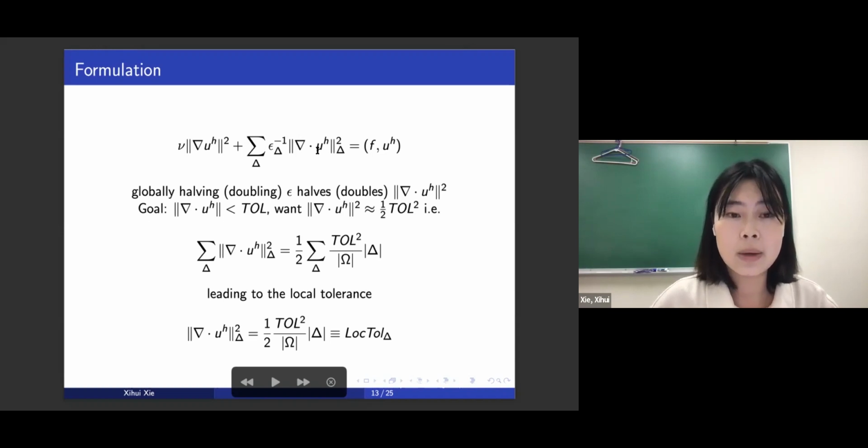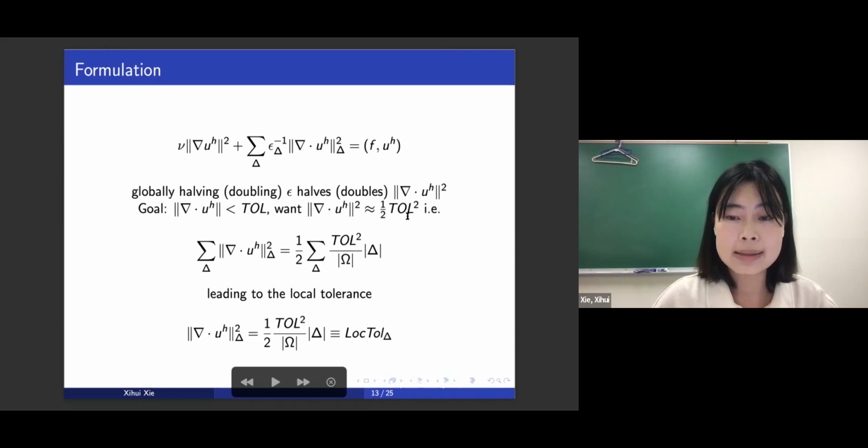This implies that globally halving or doubling epsilon will double the div u norm squared. Our goal in the project is to control the div u norm such that it is less than some tolerance. In practice, we want this div u norm squared to be approximately equal to 1/2 tau squared.